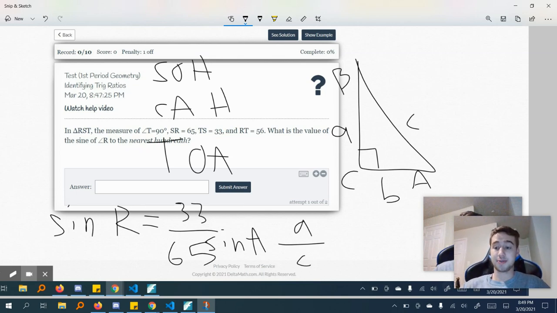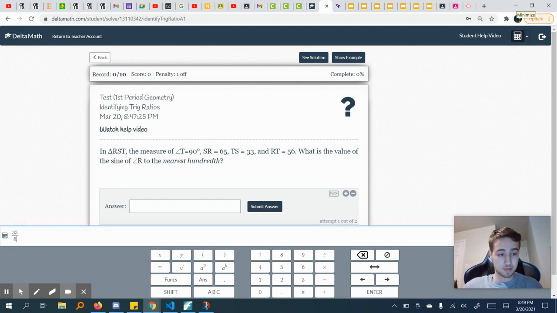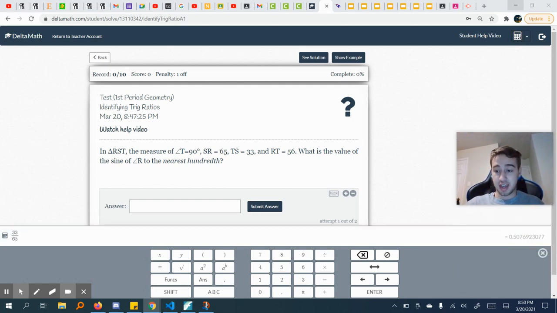And we're going to plug that into a calculator to see what we get. We are going to get 0.507, which is going to round up to 0.51.